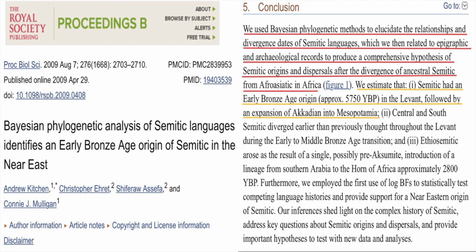It says, we used Bayesian phylogenetic methods to elucidate the relationships and divergent dates of Semitic languages, which we then related to epigraphic and archaeological records to produce a comprehensive hypothesis of Semitic languages and dispersals after the divergence of ancestral Semitic from Afroasiatic in Africa.